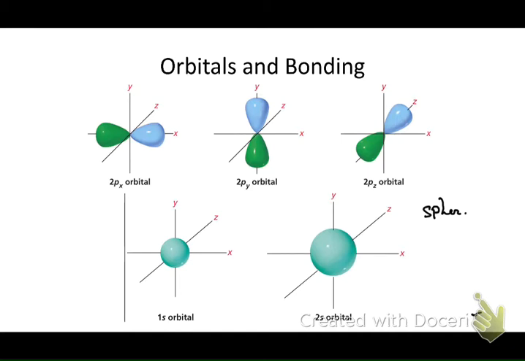For p orbitals, these are actually not what they look like. This is what they call a stylized version of it, just to give you a better sense of direction. Do you remember playing Super Mario Brothers? You know the little mushroom cap guy that runs around?